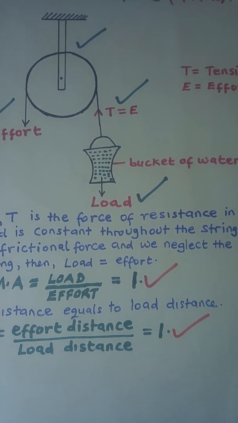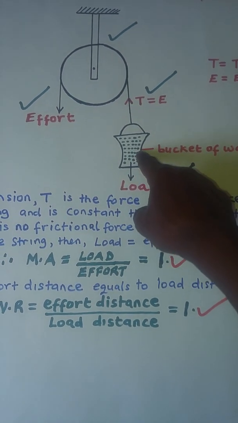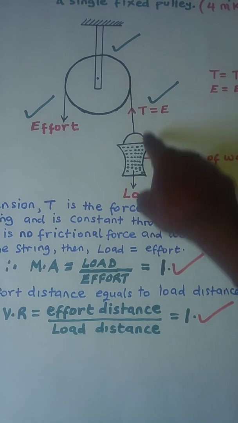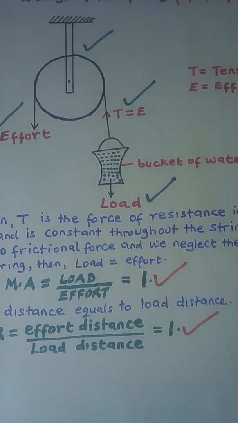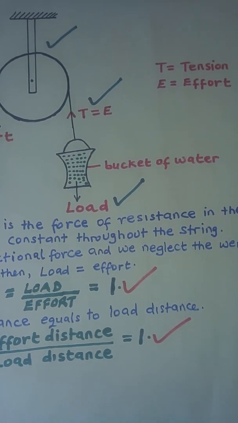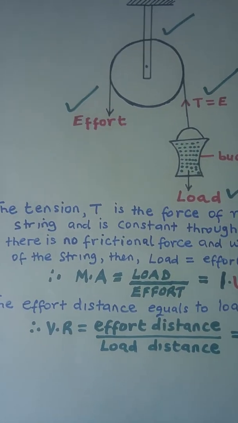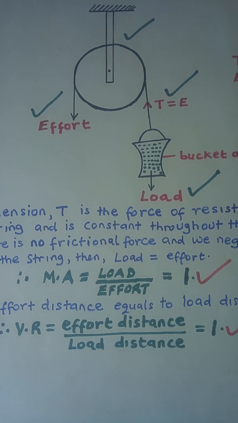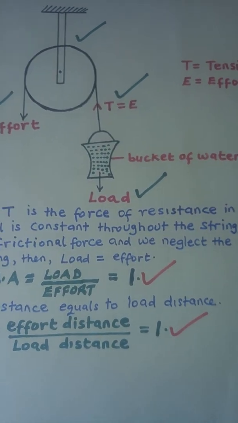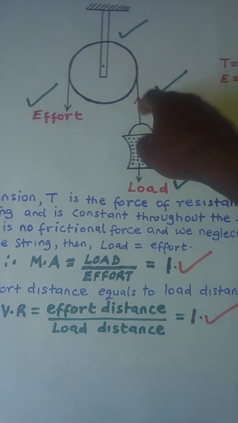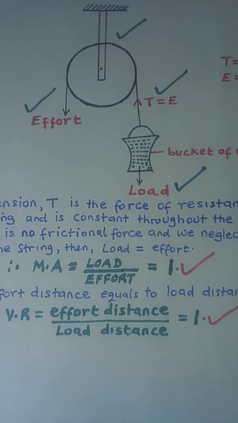The opposite of east is west. So you can see the load is pulling down, but the tension is pulling up. So it is resisting. So T is a tension and is a force of resistance in the string. And this tension is constant throughout the string. Every part of the string, the tension is the same.